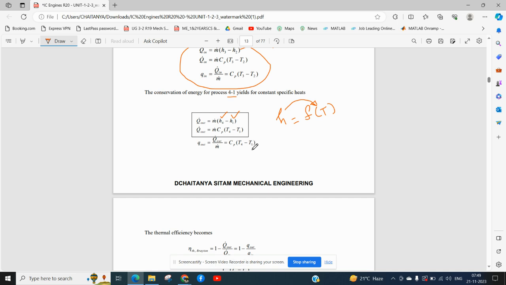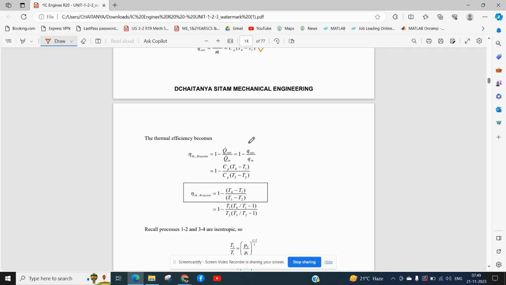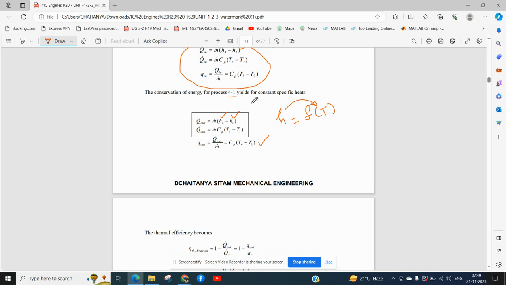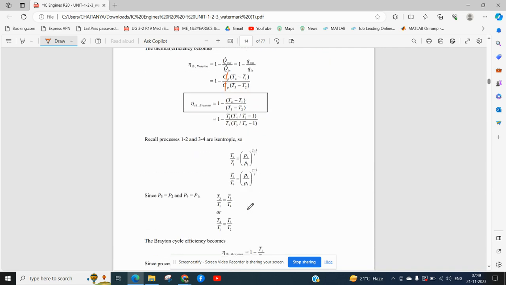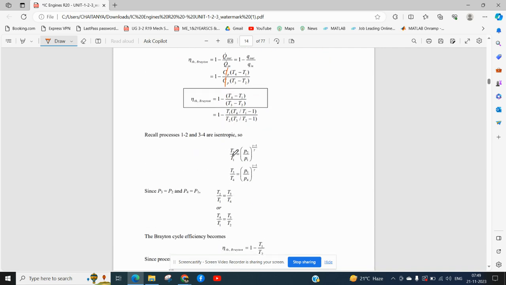By substituting Q in and Q out in the thermal efficiency, you get 1 minus Cp times the temperature differences; under constant pressure heat rejection the Cp value is the same. Substituting these two, you get temperature ratios, which we need to convert into pressure ratios rp.